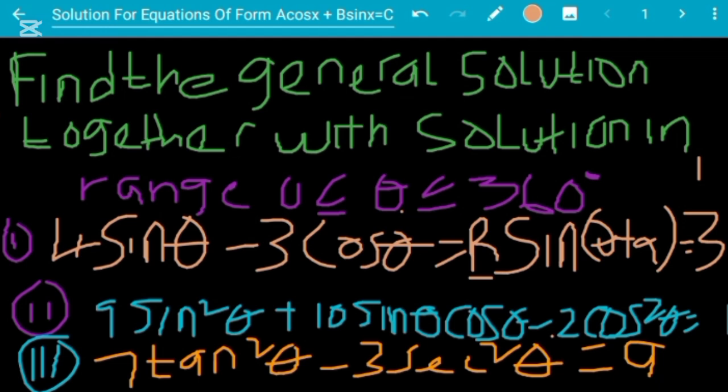The second question says 9 sine square theta plus 10 sine theta cos theta minus 2 cos square theta is equal to 1. The third one says 7 tan square theta minus 3 sine square theta is equal to 9. Because of our time, let's solve number 1.